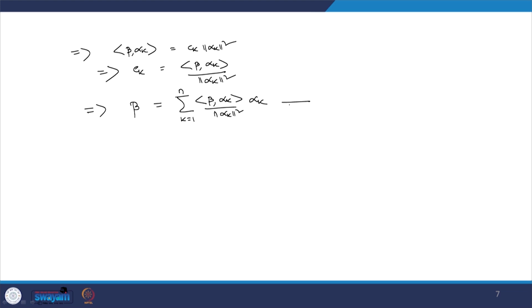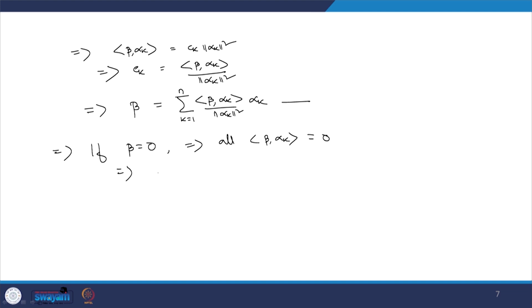So, if beta equal to 0, all inner products of beta and alpha k will be equal to 0.